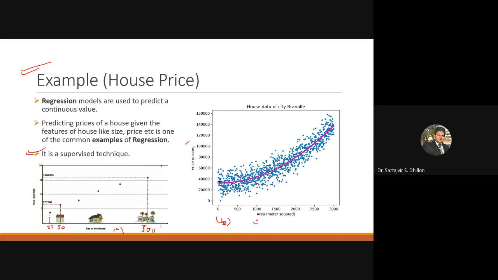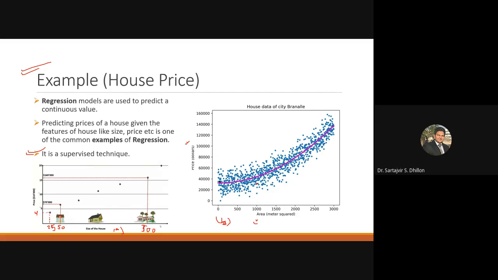So we have trained our algorithm, where we have put that the price of a 25-yard house is around $40,000. This 4 is in multiples of $10,000.